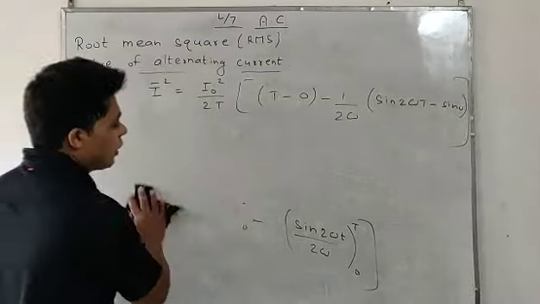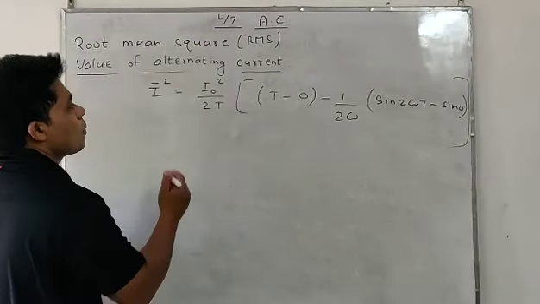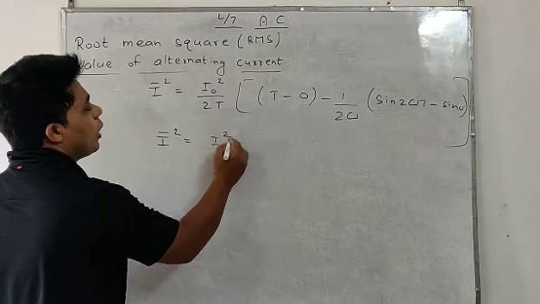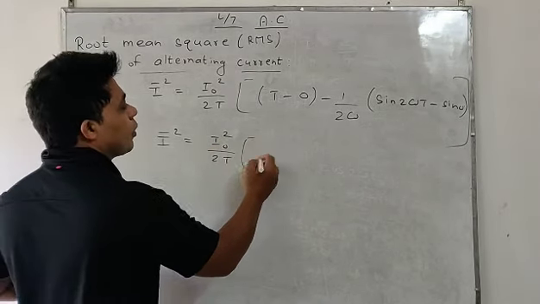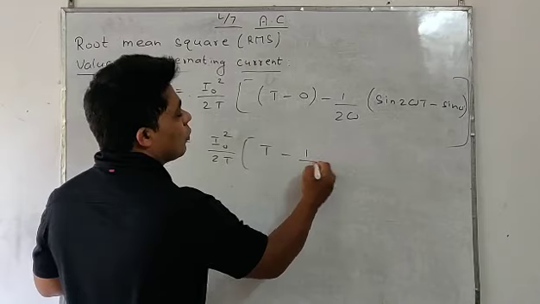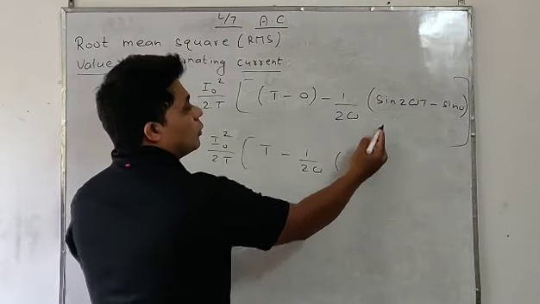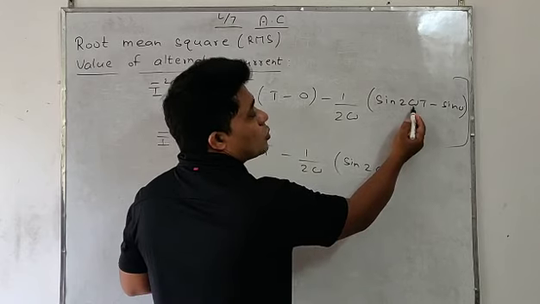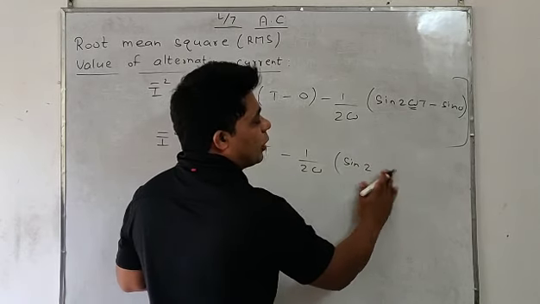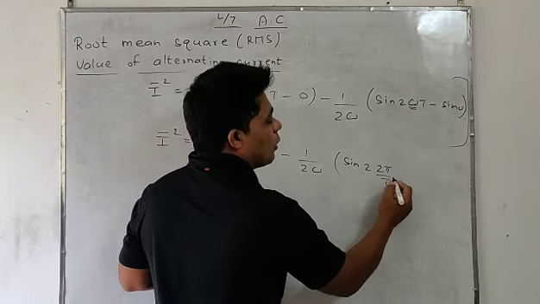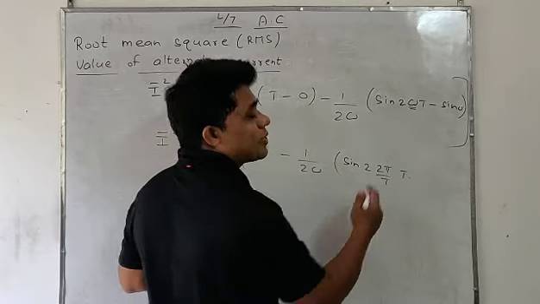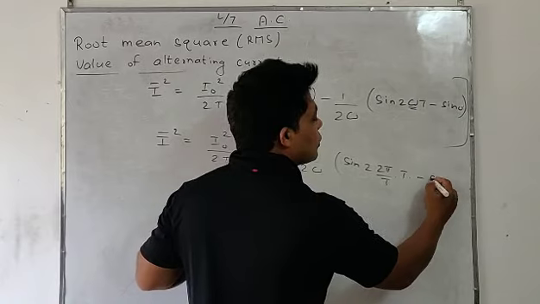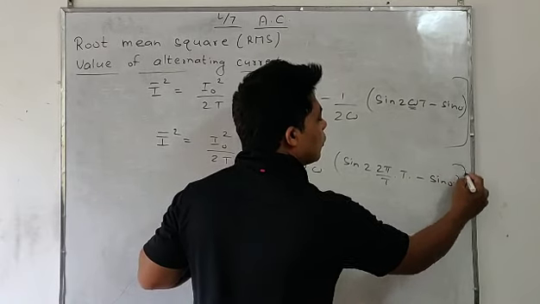Okay. Now students, finally I bar square equals I naught square by 2T, T minus 0, T, 1 upon 2 omega, sin 2 omega T. Students, instead of omega we can write 2 pi by T, because omega is angular speed having value 2 pi by T, and sin 0.